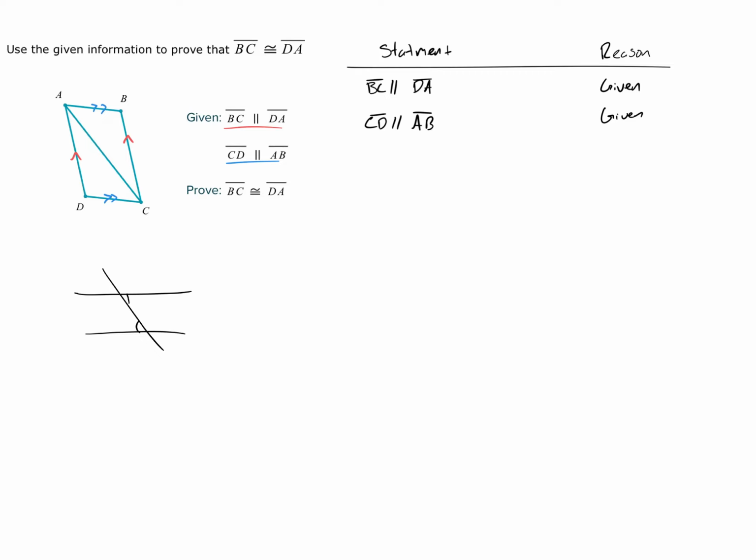So let's see if I can name those. That would be angle BAC is congruent to angle DCA, and the reason would be if parallel lines, then alternate interior angles congruent.